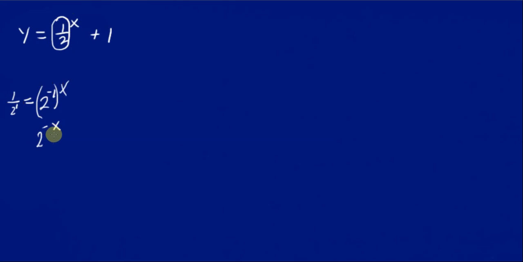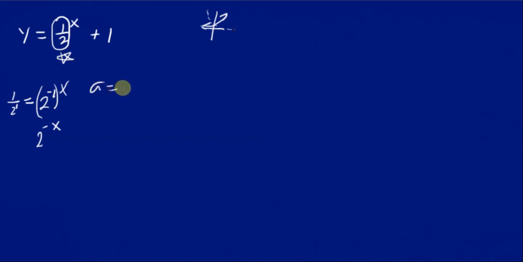And now we know we're not going to have a negative b. It's not going to be a reflection, but there's one other thing you have to remember. When you have a base that's between 0 and 1, it is going to be a reflection of the basic one, a reflection over the y-axis. It's just something you have to remember. We're not going to show it as b being a negative.